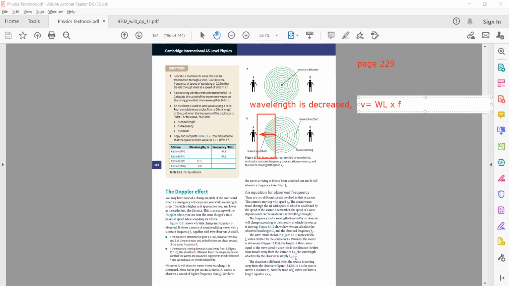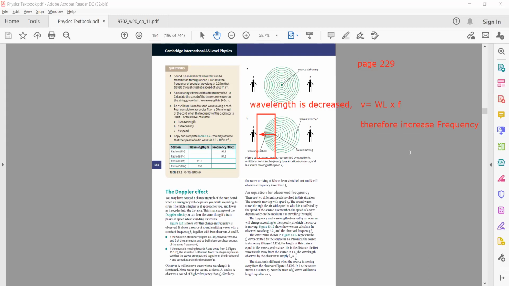You know that if the wavelength decreases, it means the frequency must increase. So therefore, increased frequency. Cool. So when the wavelength decreases, because of the equation, frequency is increased.